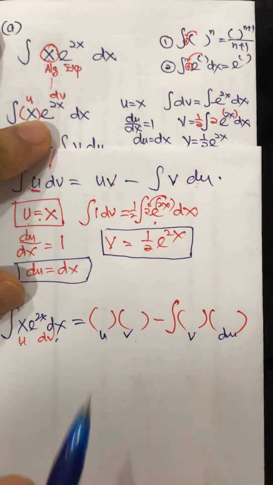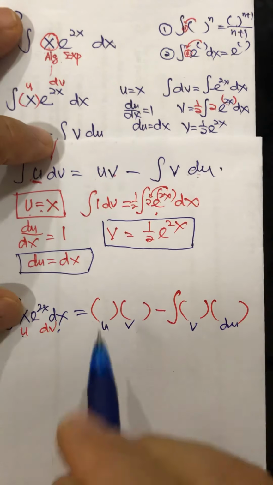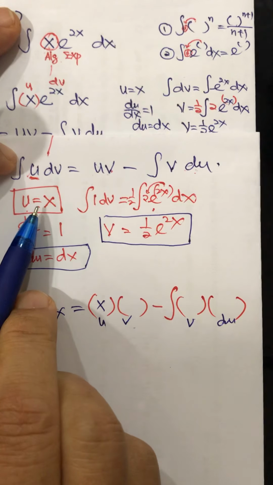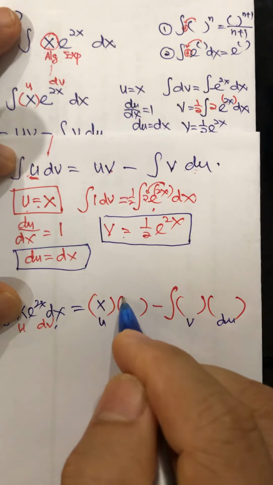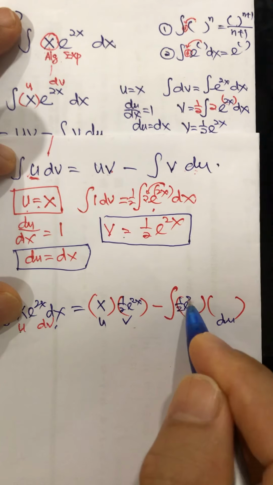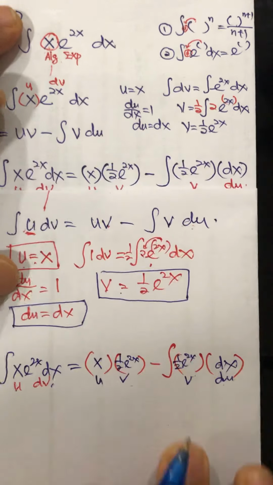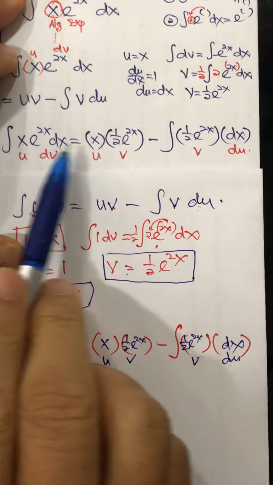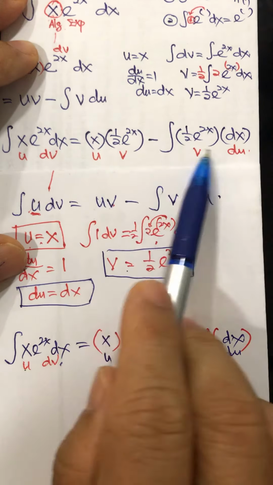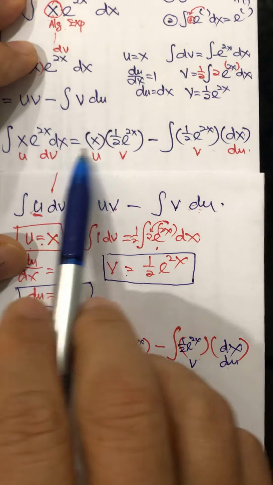You put down the brackets first. So u is x, v is half e to the 2x, and du is dx. That's why you get something like this. Same, isn't it? That's why we come to this.